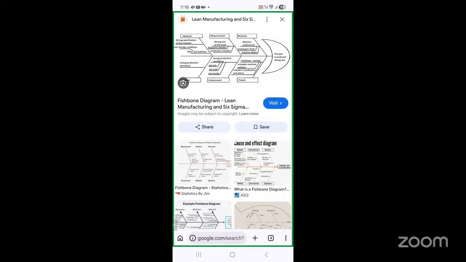Next is the people. People covering human error. Unskilled workforce or unskilled people. Okay. Right person for right job. Fatigue.